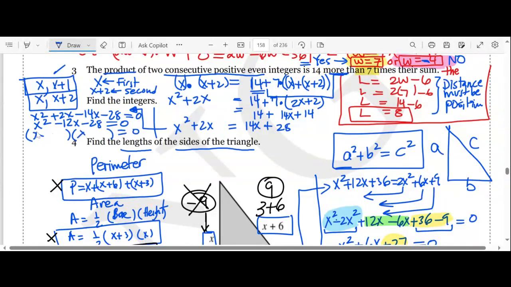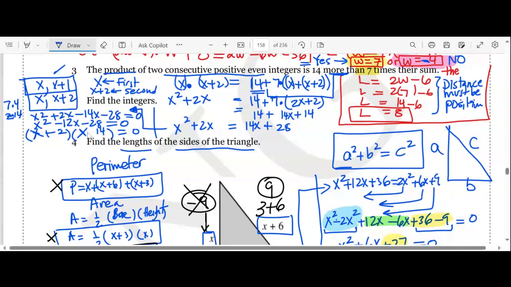X and x. 28 is what? What are the two numbers that multiplied give you 28 and their total is 12? 28 is 7 times 4, 14 and 2. 14 times 2. So we put here 2 and 14.